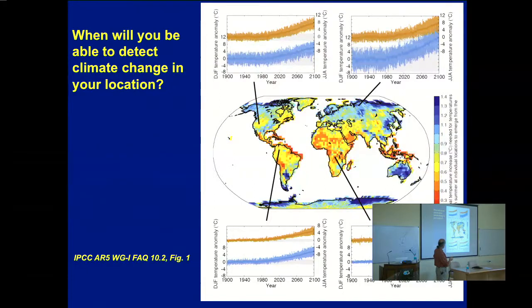Whereas over here, there is probably already detectable change because, in essence, the width of this area that we are talking about, the natural variations that can occur, is really noise.